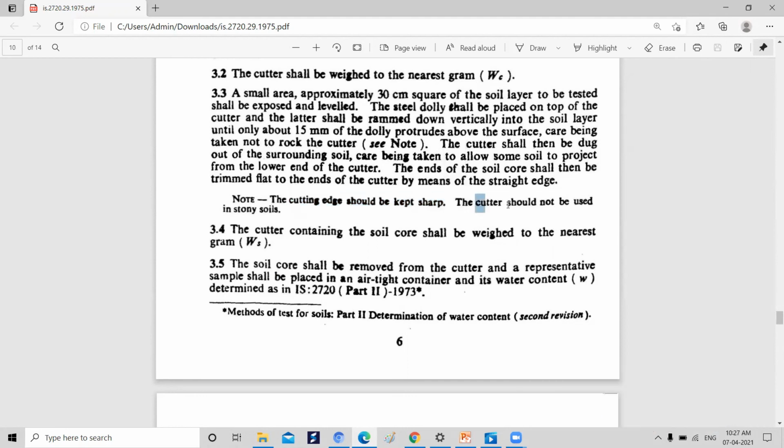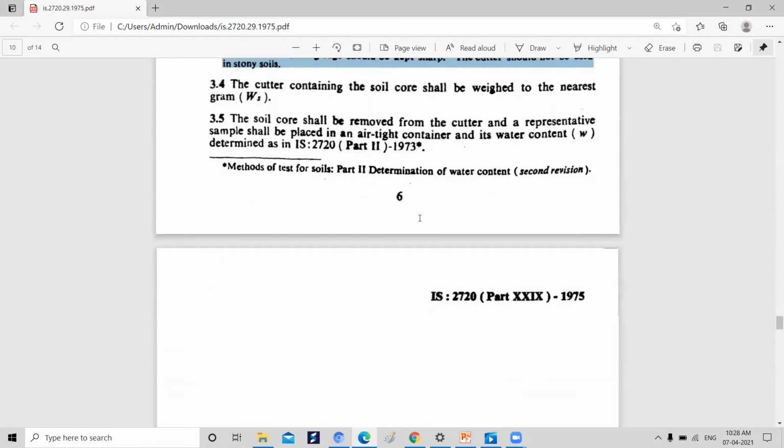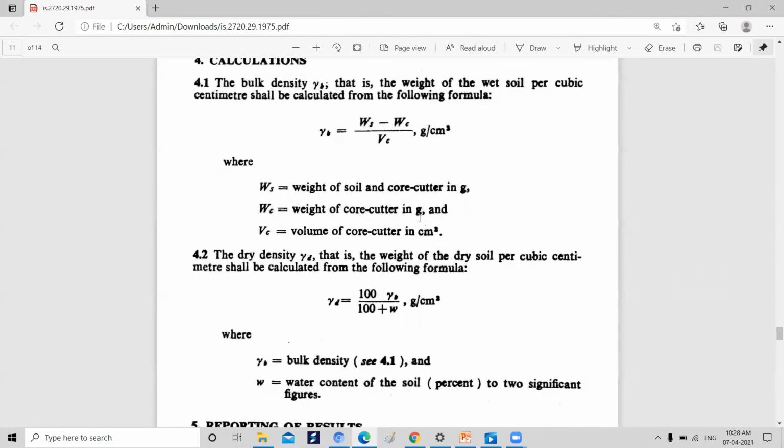Another is that the core cutter should not be used in stony soils. Stony soils are nothing but wherever you have cobbles, boulders and all, then the core cutter is not to be used. This is one.